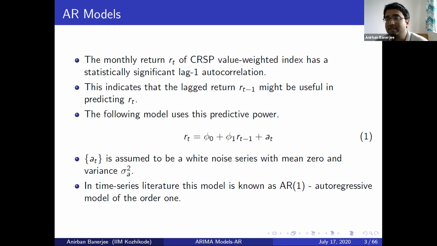This seems very similar to your regression models, but instead of cross-section regression models where you had Y and X at the same point of time, this is the same series. You are using the value of today to predict the value of tomorrow, or the value of yesterday to predict the value of today.